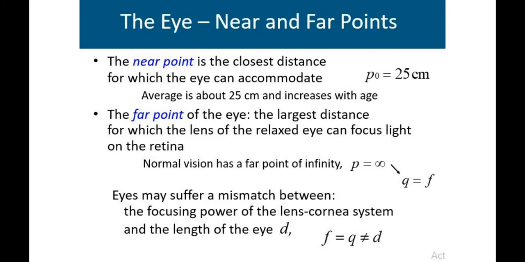The problem with this distance is that in older people, this lens is losing elasticity, and therefore people cannot focus the eye on close objects. This is a problem. And again, it is a little bit aside from optical instruments, about biology.